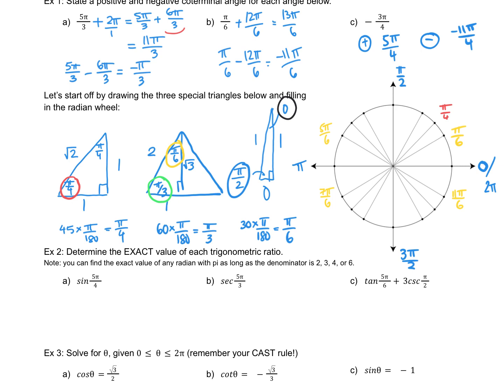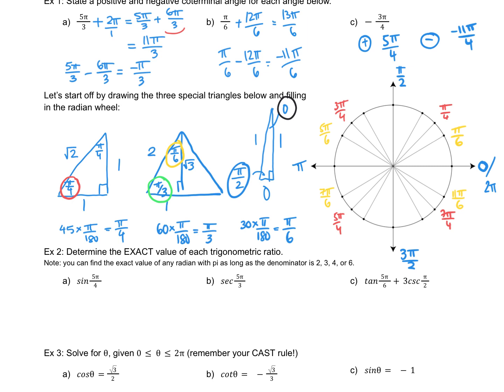In quadrant 2, we're doing pi subtract pi over 4. In quadrant 3, we're adding on the pi, so 5 pi over 4. And in quadrant 4, 2 pi minus pi over 4, so 7 pi over 4. So now if you ever see something pi over 4, the triangle you're looking at is that isosceles special triangle.